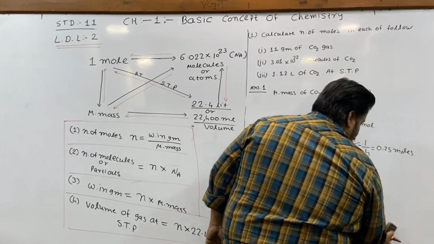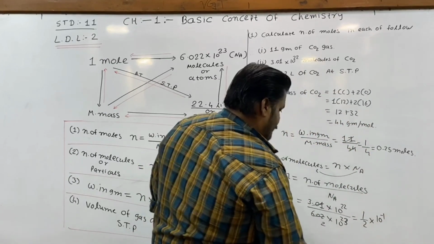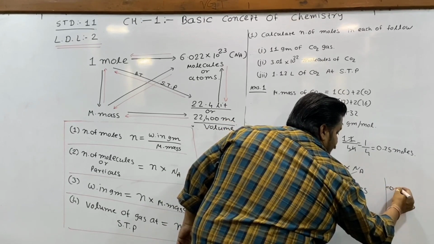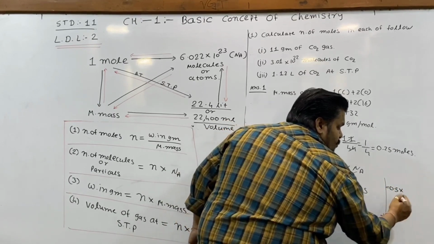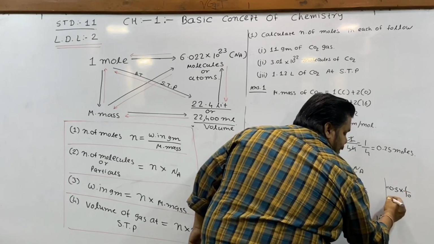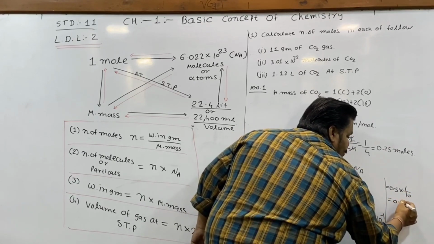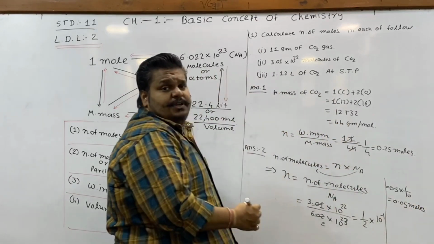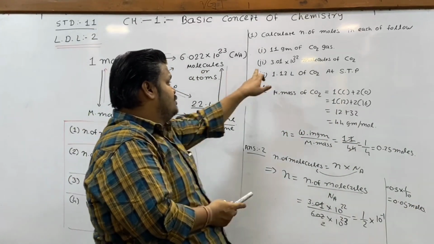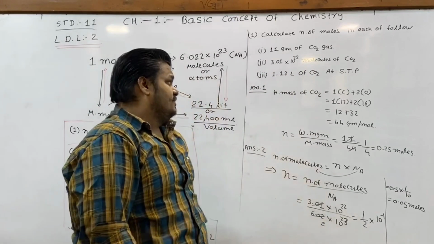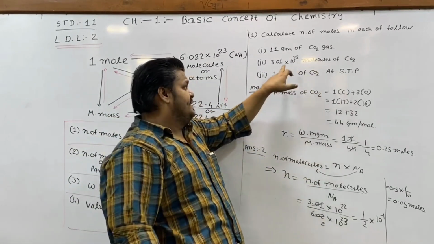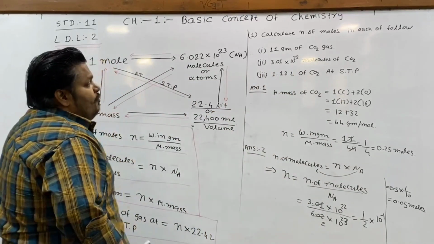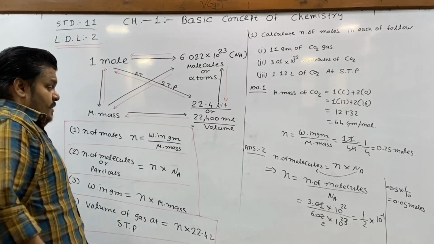I'll rub it and write again. 1 by 2 is 0.5 into 10 raised to minus 1. That means it is 1 by 10. We shift one more decimal, so 0.05 moles that we are having. This is your answer to the second question. How many moles of CO2 are present in 3.01 into 10 raised to 22 molecules of CO2.